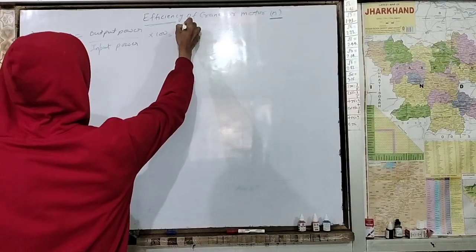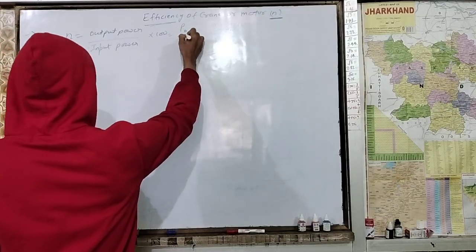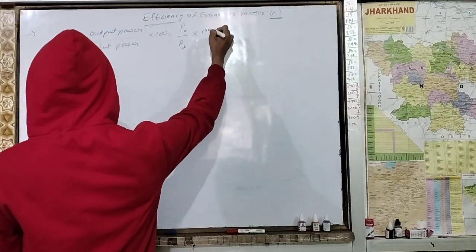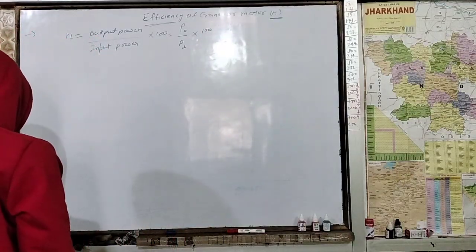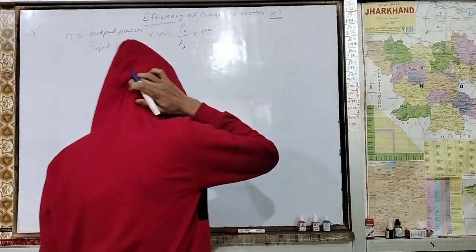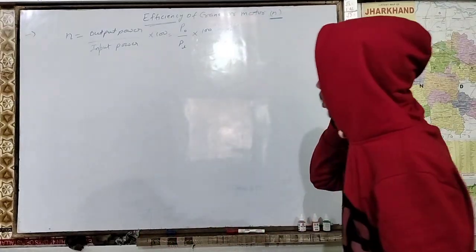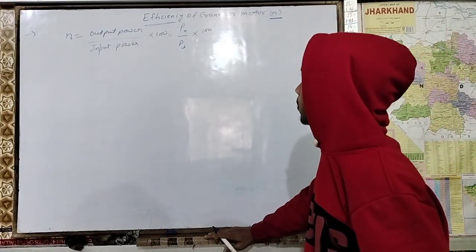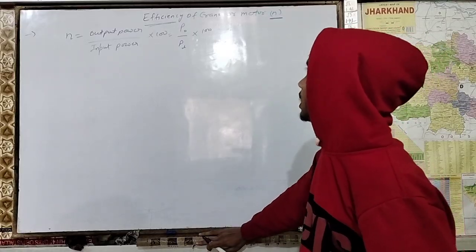So you can say eta equals P naught upon P initial, multiplied by 100. P naught is output power, P initial is input power. This will give us efficiency.